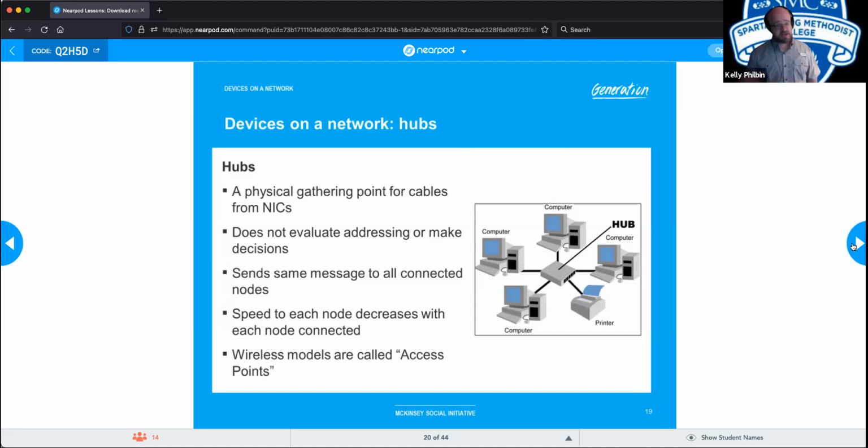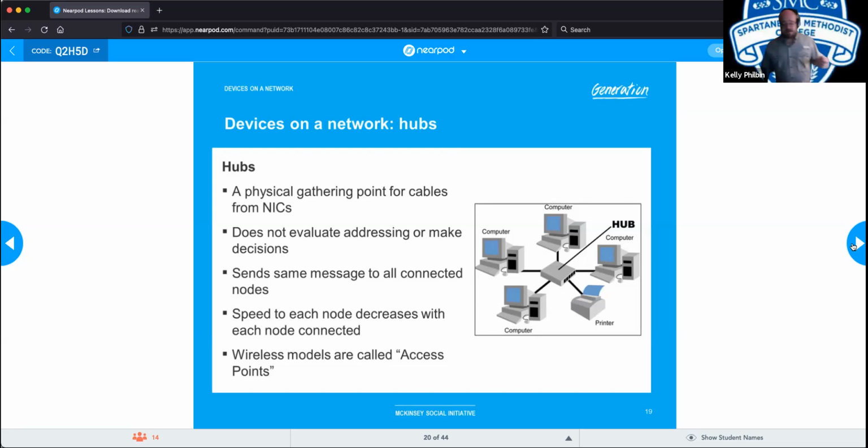Does not discriminate based on who wants the information or who it's actually addressed to. Everybody gets the information. And then your NICs on your computer have to sort out whether or not that is actually addressed to them or not. If it's not addressed to them, it drops the signal, doesn't pay attention to it. If it's meant for them, they'll pick up that signal.